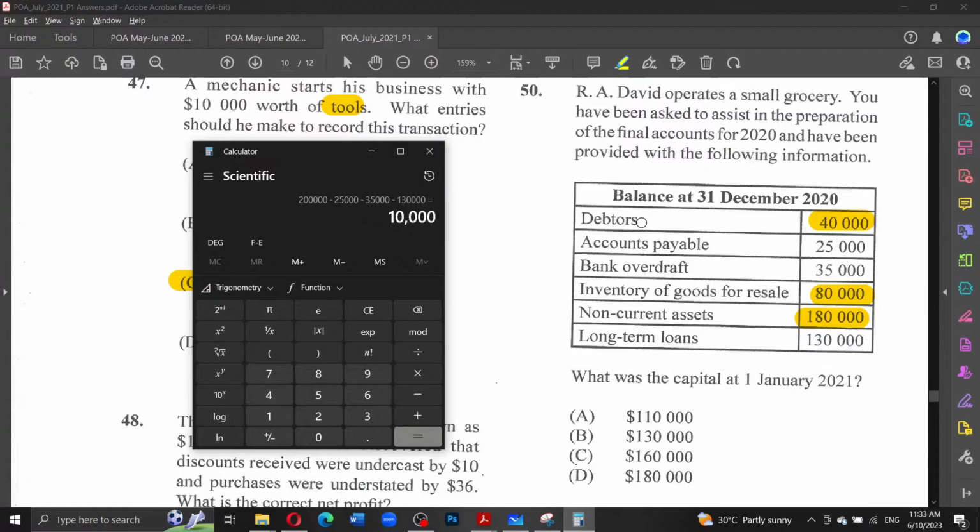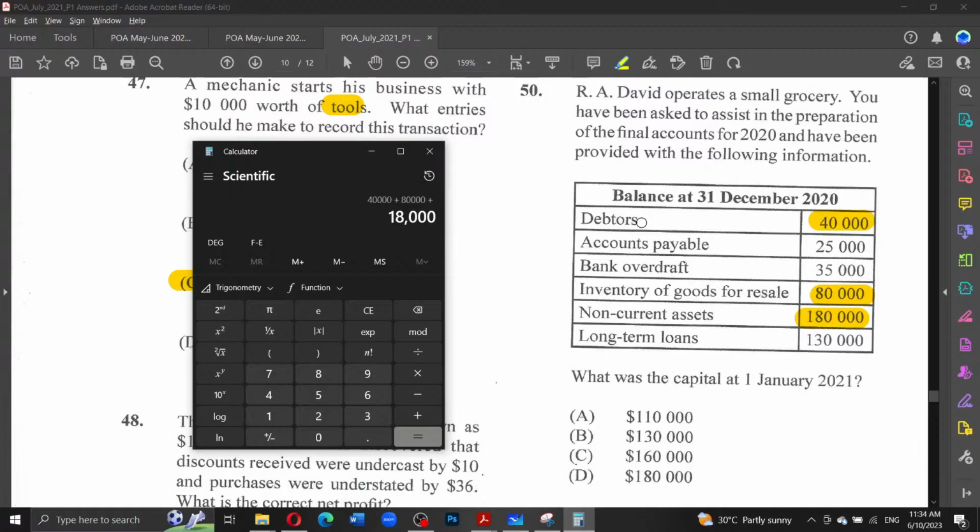Why do I go off? Oh, the total is 260,000: 40,000 plus 80,000 plus 180,000.